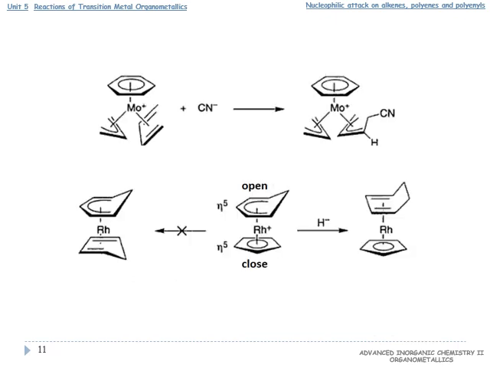In the cationic molybdenum complex containing the following ligands: benzene, which is even and closed, butadiene, even and open, and allyl, odd and open, the nucleophilic attack will occur in exo on the terminal butadiene carbon. Let's explain why.